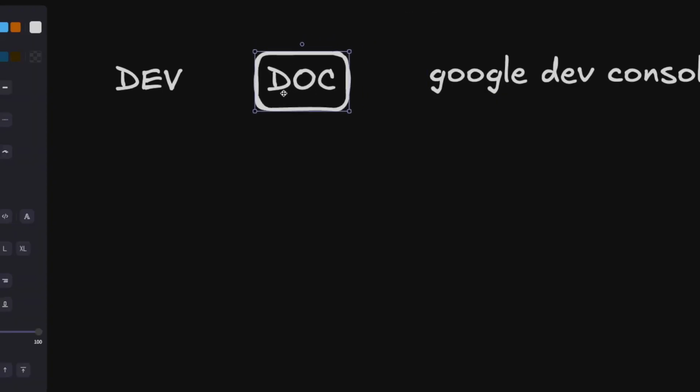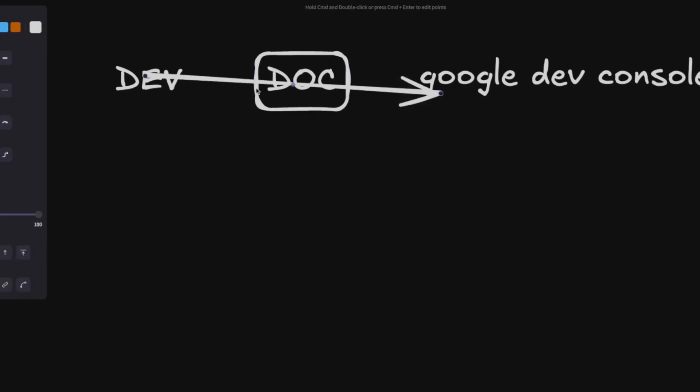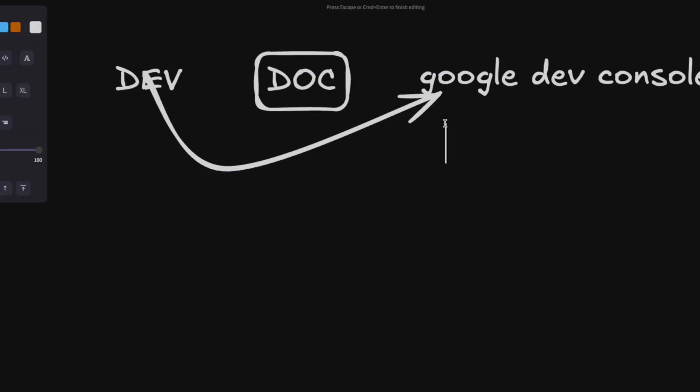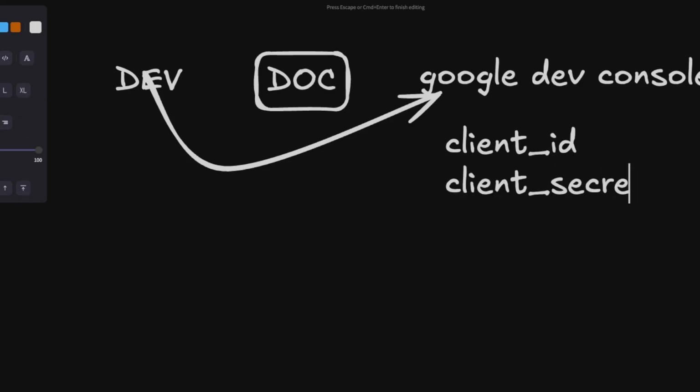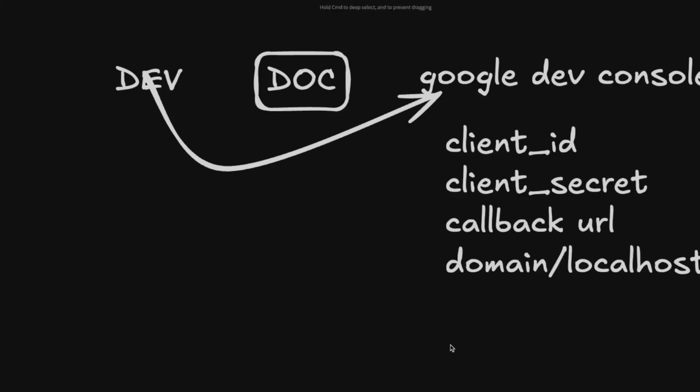This is my application name. When you register, you get a client ID and client secret, and you also need to specify a callback URL, and the domain and port where you will be running your application, either localhost for testing or the actual domain.